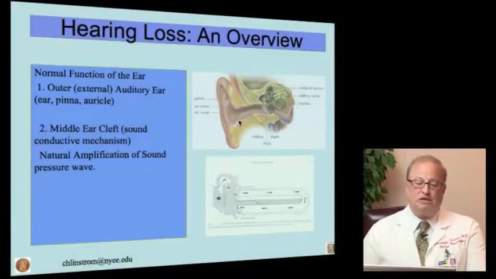Now, sound as it comes into us, it loses some power. It loses about 28 decibels of sound pressure. So sound is measured in a unit of pressure, that is, force per unit area. It has to be re-amplified, and in the normal situation it is. So our auricles are like sound trumpets or sound directors to a big surface area that will eventually articulate with a very small surface area that is the footplate of the stapes.